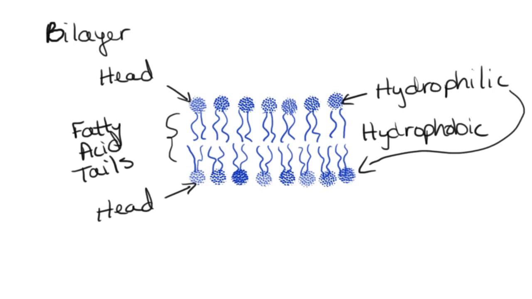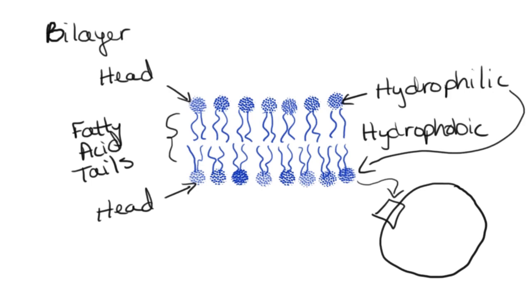If we were to draw a very simple cell right here, this would be the plasma membrane, and all of this blue is going to surround that entire cell, creating a sphere, with the cellular content held right in the middle of that.